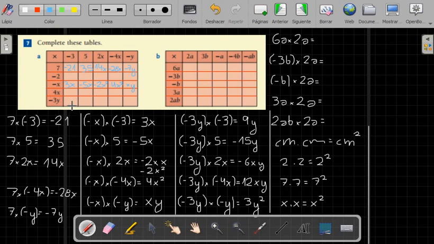So let's complete this row. Here we have 9y. Then minus 15y.